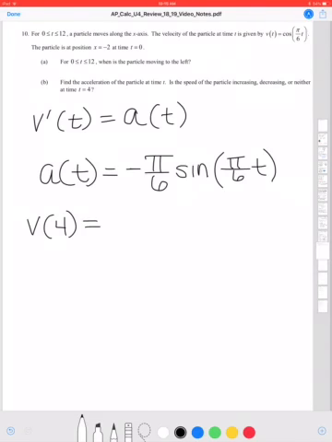So let's see which direction the particle is moving at t equals 4. Let's see if the velocity is negative. All right, pi over 6 times 4 is 2 pi over 3.